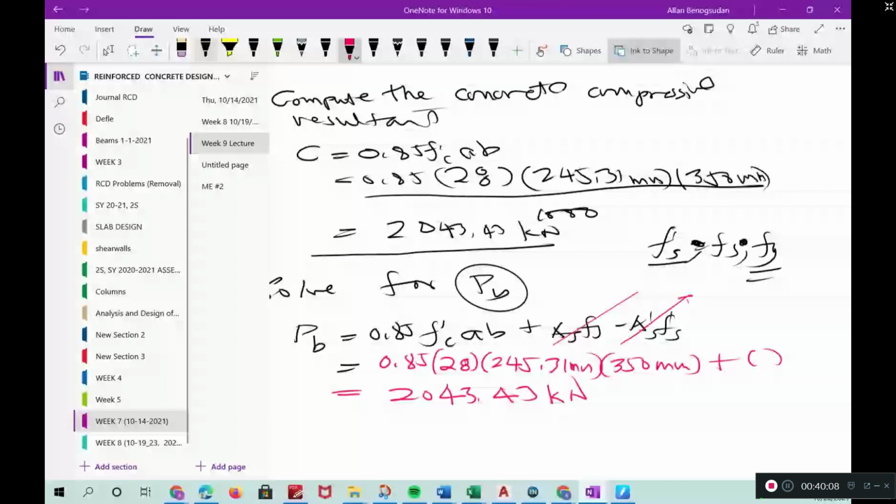Okay, so this is our piece of B, and compute the balance moment, okay? Compute. Okay, I have to be consistent with that. Compute balance moment.